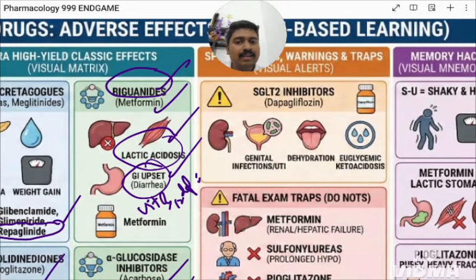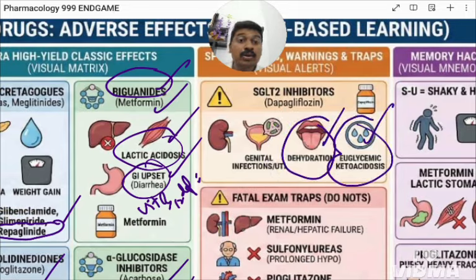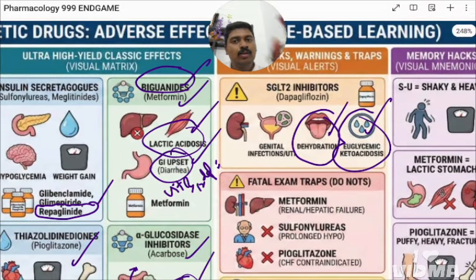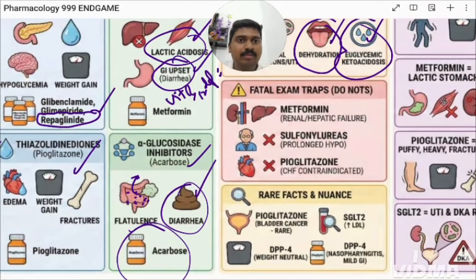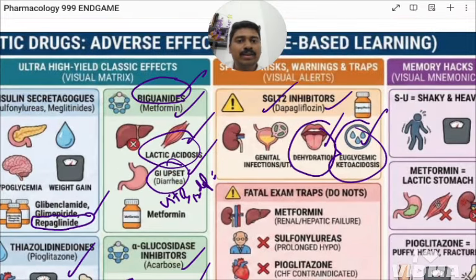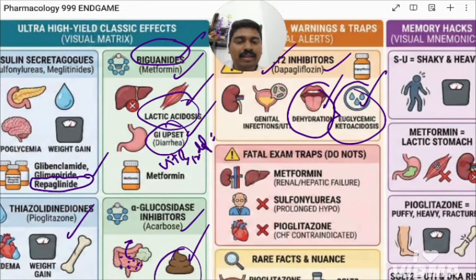A side effect of this is UTI, because more glucose is going into the urine, so it can precipitate growth of bacteria. Second, it can also cause dehydration. Third, it can cause euglycemic ketoacidosis, which means glucose levels will remain normal, but there will still be ketone bodies in the blood. So that drug class is SGLT2 inhibitors. An example is dapagliflozin. Another example is empagliflozin.